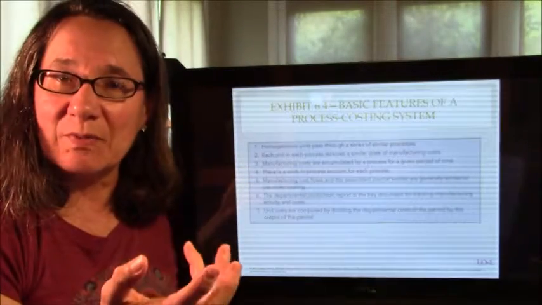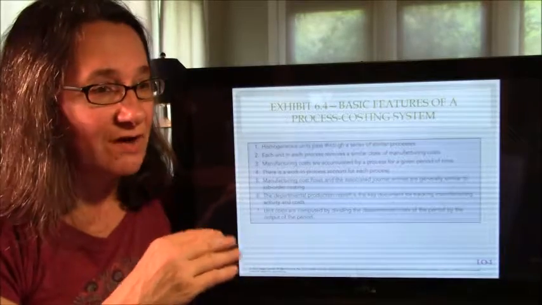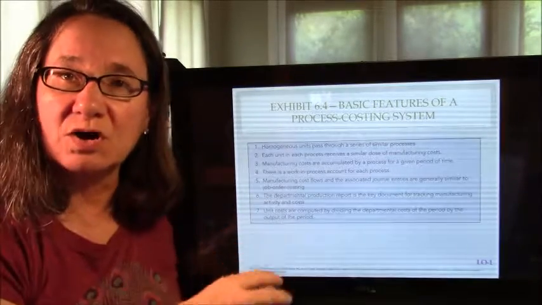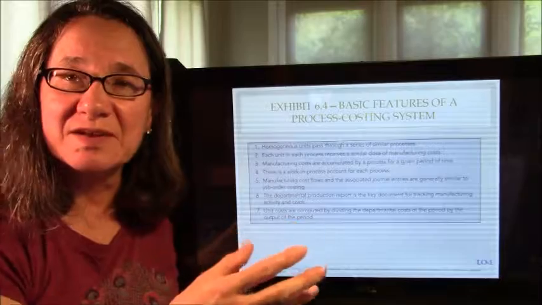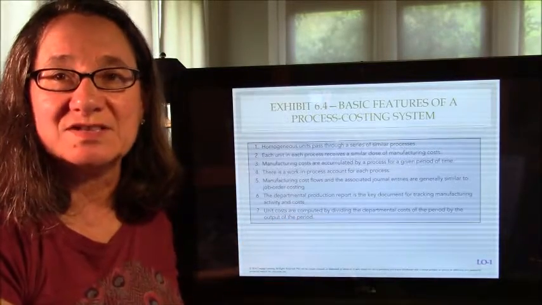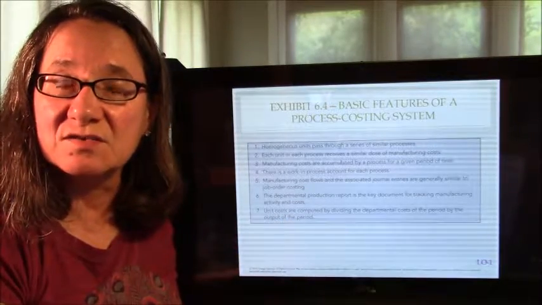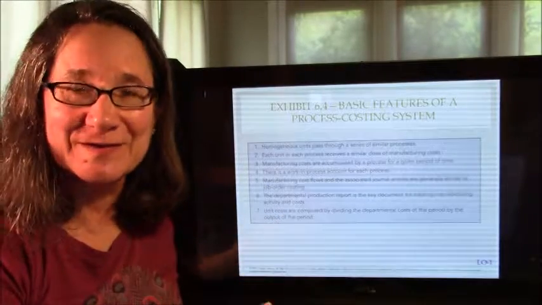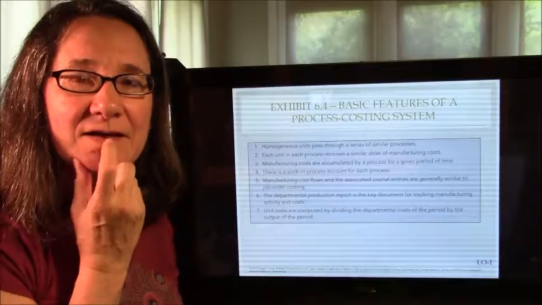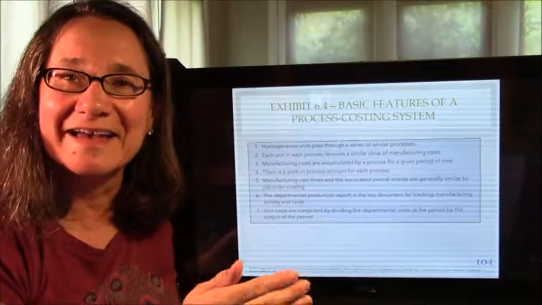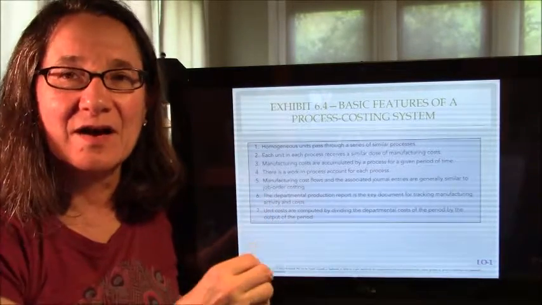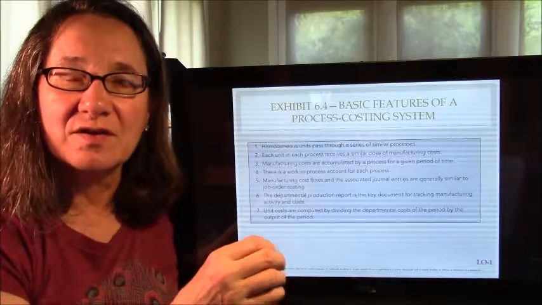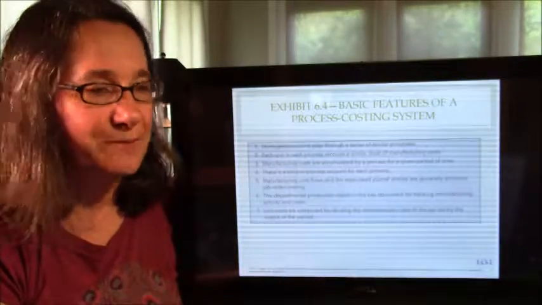So it can be problematic because you have all these partially completed items, or maybe it's just a batch. You can imagine making cookies or cakes, and it's nothing until you pass it on to the next thing. So you have to figure out how finished we are, and estimate all your costs in that work in process inventory.